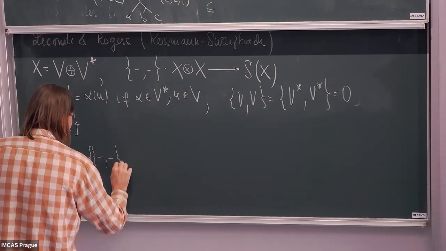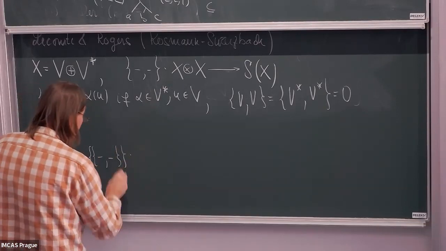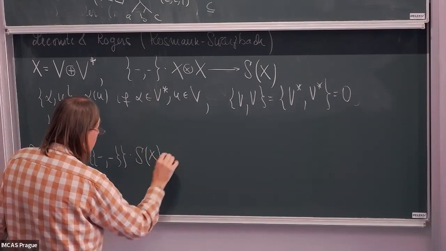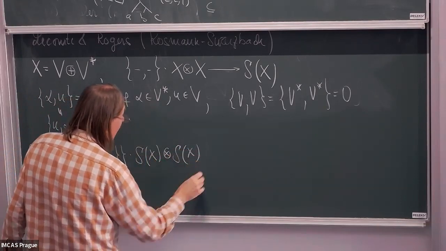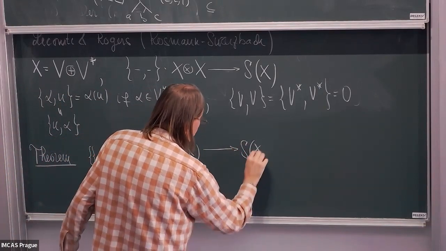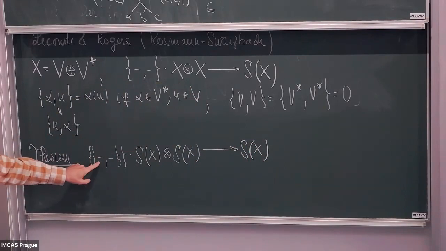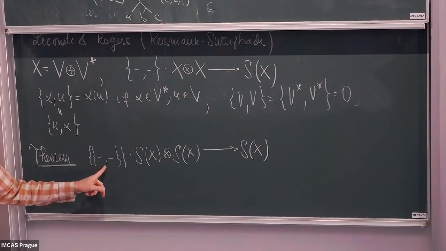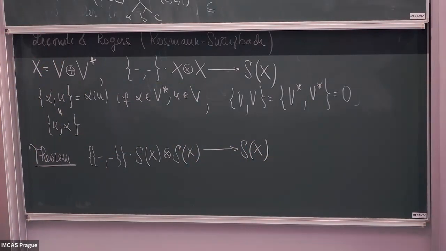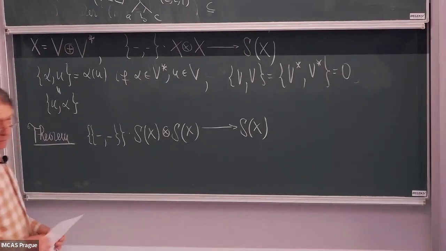I denote in this way the extension of this bracket, this bilinear map, as a derivation in each variable. Due to the theorem which I mentioned at the beginning, there exists a unique such extension. Yes, V is a K vector space.